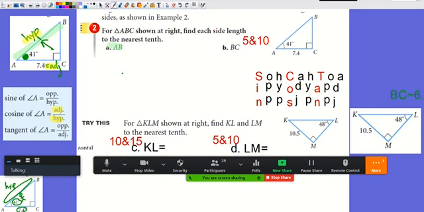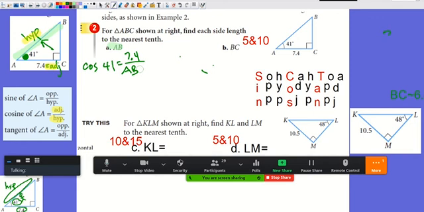So cosine of 41 degrees is going to equal adjacent over hypotenuse, which is 7.4 over AB.